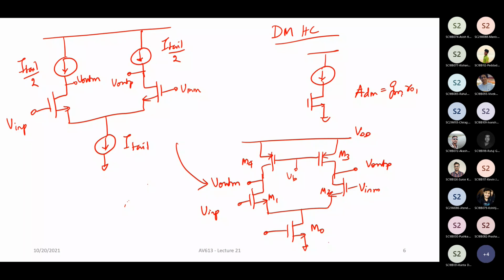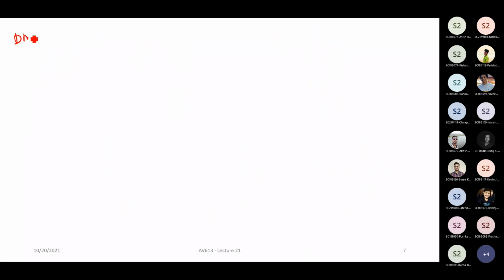It just needs VDSAT across it to make sure it is in saturation. So even if you increase the amount of current, you are really not going to increase the VDSAT so much. And what is the resistance that you get? You get ro as your resistance looking up. So the differential mode half circuit is going to look like what?